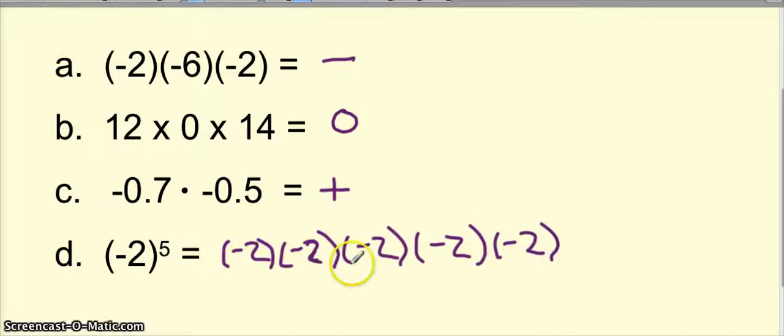So that means 1, 2, 3, 4, 5. I'm multiplying 2 times itself 5 times. So now I can count up the number of negative signs. I have 1, 2, 3, 4, 5 negative signs. That 5 is an odd number. Therefore, my overall answer will be negative. So the questions that have an overall negative are A and D.